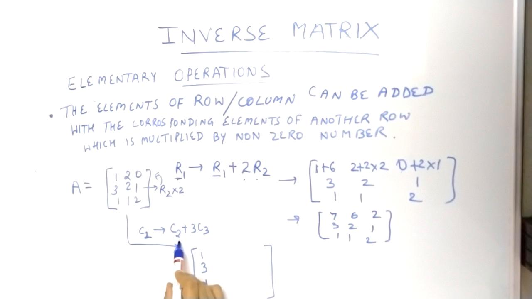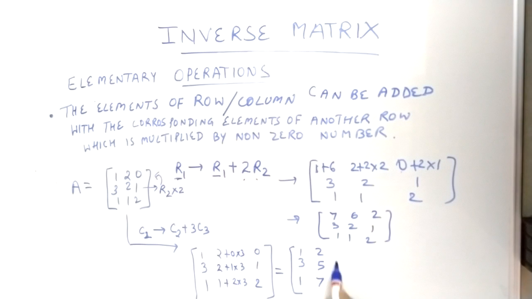In the place of C2 we get 2 plus the C3 multiplied with 3 and added: 0 into 3, 2 plus 1 into 3, 1 plus 2 into 3, and the third column will come as it is. Simplifying, after this elementary operation it will become 1, 3, 1, 2, 5, 7, and the third will come as it is. So these are the 3 elementary operations.